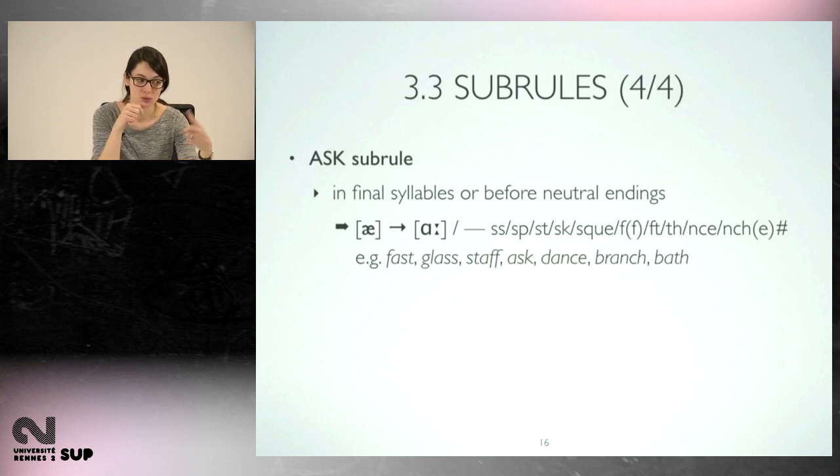So this rule basically applies to words like fast, glass, staff, ask, dance, branch, bath, which are pronounced like this in Southern British English, as opposed to General American, where you would have fast, glass, staff, ask, dance, and so on, okay? Where you have this difference between the two. So in Southern British English, if you didn't have this sub-rule, you would expect a short a vowel, okay?